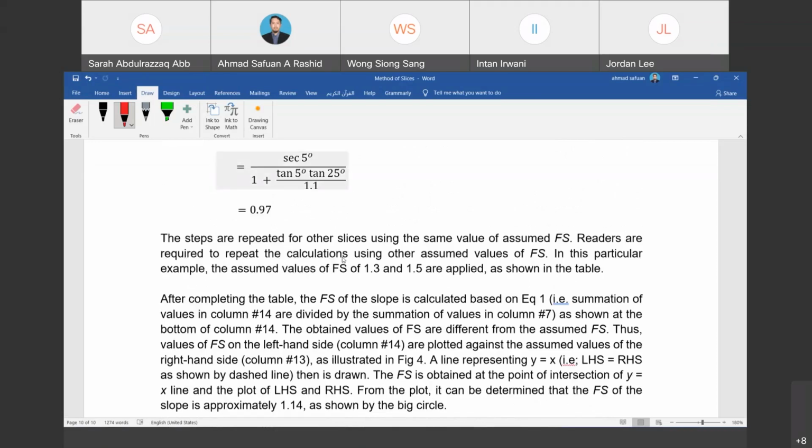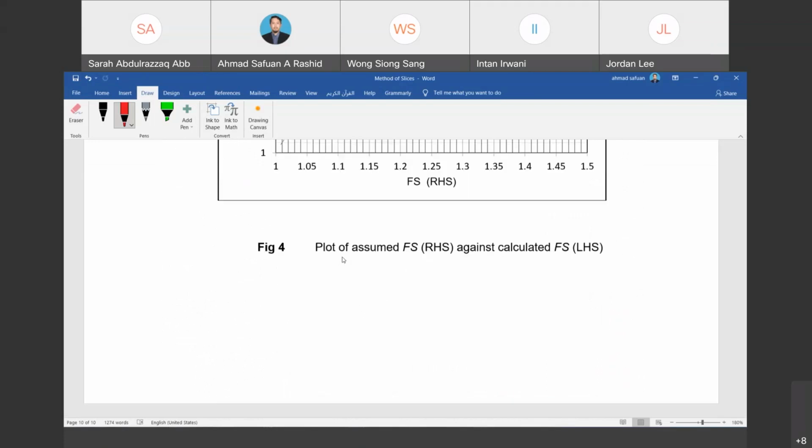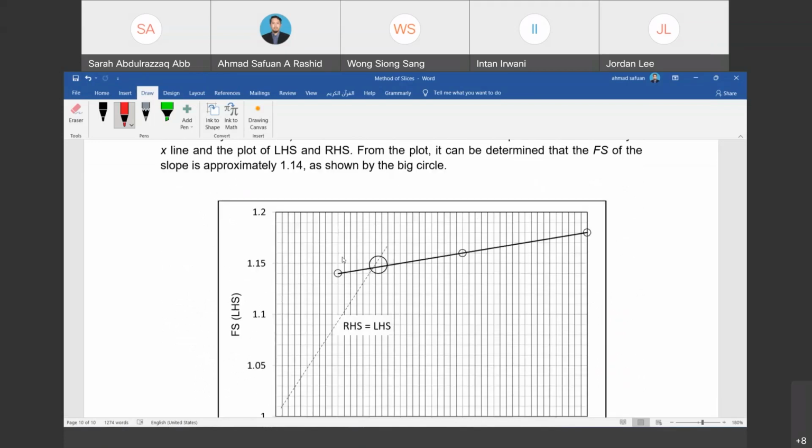Again, because we already compare, I guess I've included it in the e-learning. Or if I have not, I will upload it after this class.